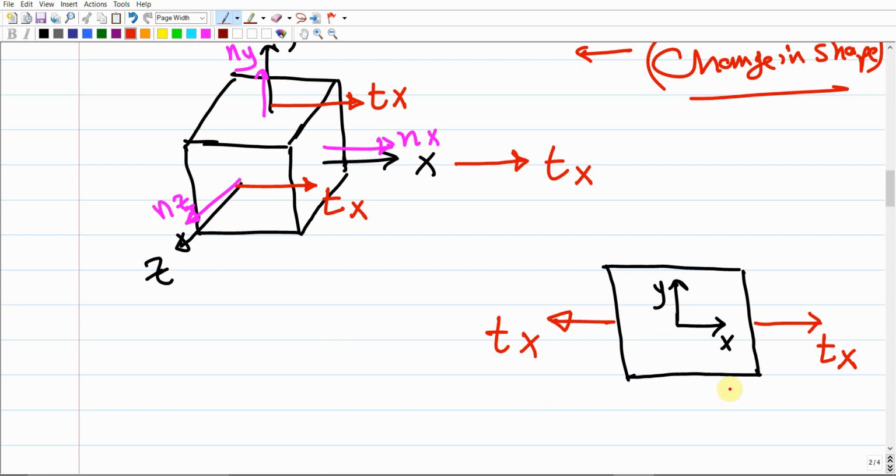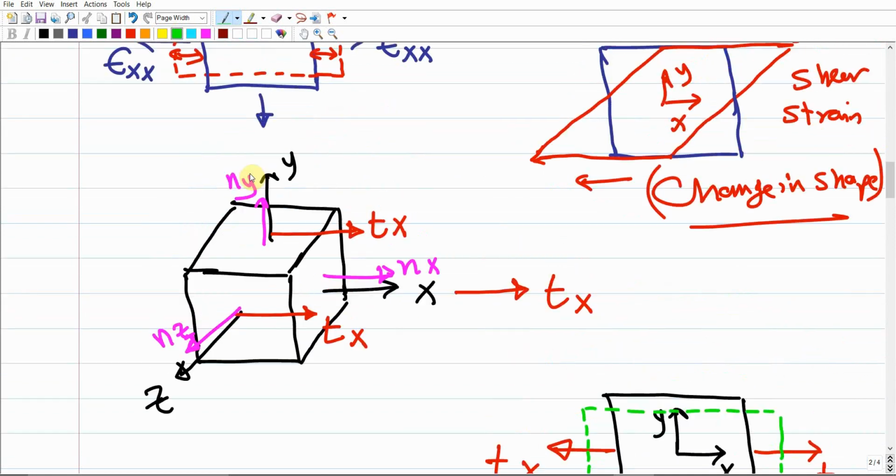So in this case, this Tx and Tx should be equal, right? If something pulls to the right and something pulls in the opposite direction, what should happen to this box? It's going to be stretched, right? So this is going to result in some stretch in the continuum.